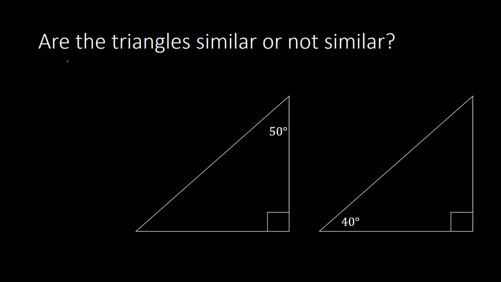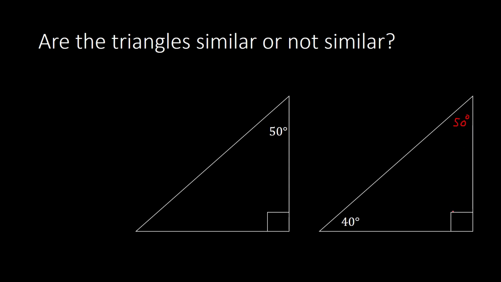And here's an example where we have a 90-degree angle and a 90-degree angle. And we have 40 degrees here and then 50 degrees here. Well, with a triangle, we have 180 degrees total. If we have 90 here, that means the other two angles need to add up to give me the other 90, because 90 plus 90 would give you 180. So this angle up here would have to be 50 degrees.